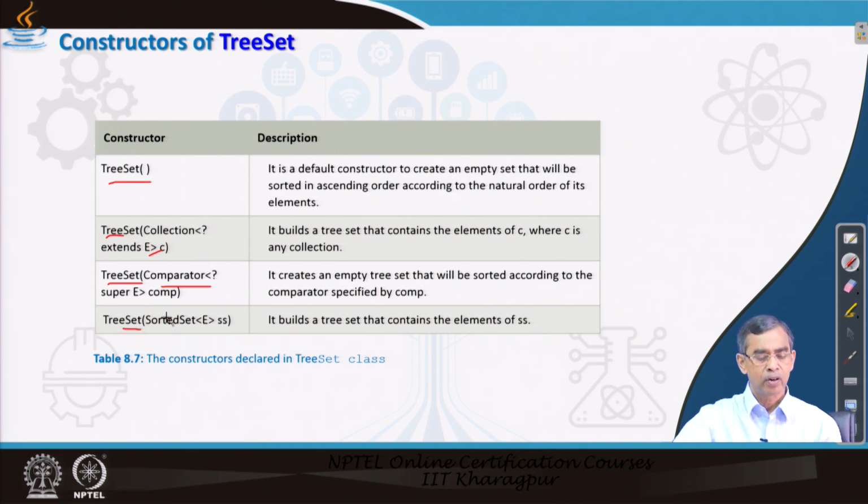Tree set can also be created from an existing sorted set. Sorted set is another concept where the ordering is mentioned, so the sorted set can be given as an input to create a tree set collection.